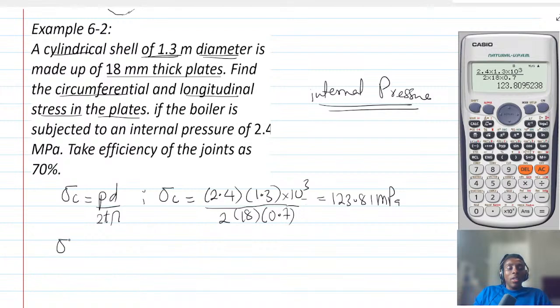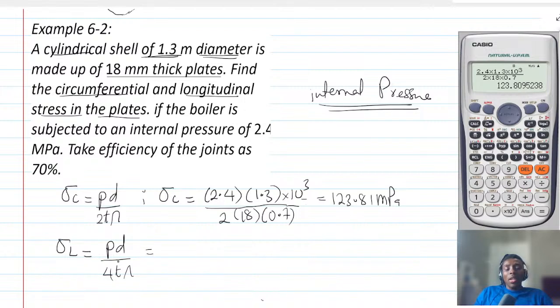However, for the longitudinal stress, all you have to do is just halve everything. That's all. So it's going to be PD over 4T, or the efficiency symbol.